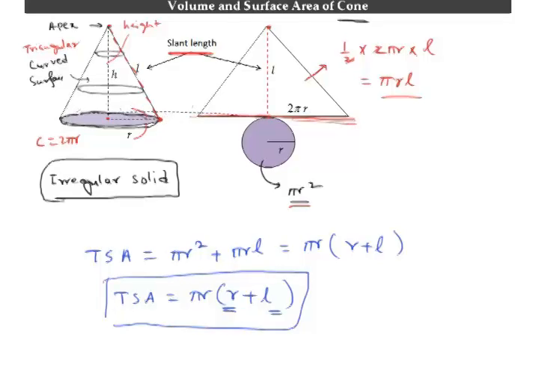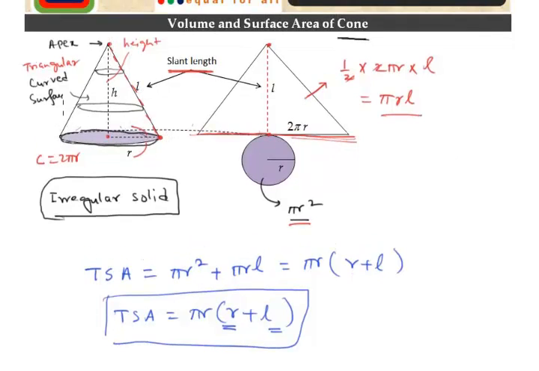But most commonly a cone is represented by its radius and height. So we will convert this formula. In place of L, we will get an H relation. We will represent L using H and r. For that, consider this triangle: this is the radius on the base, this is the height which is perpendicular to the base, and this is the slant length.